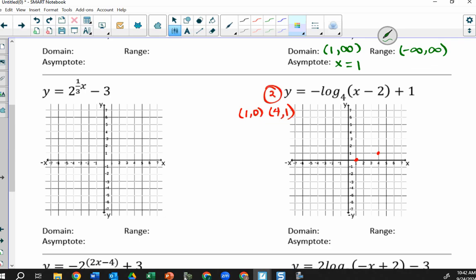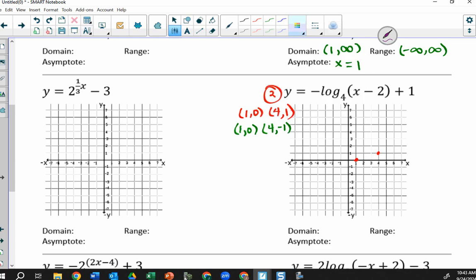So I need to deal with that negative out in front and multiply my y values by a negative, or flip, whatever you're going to do with it. You have to do that before you do your shifting. Otherwise, especially with the vertical shift, your graph will just not look right. Okay? So negative out in front means the point 1, 0 will not change. 4, 1 will become 4, negative 1. That's your first step.